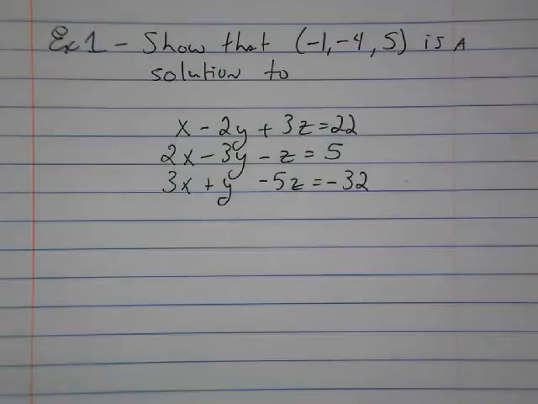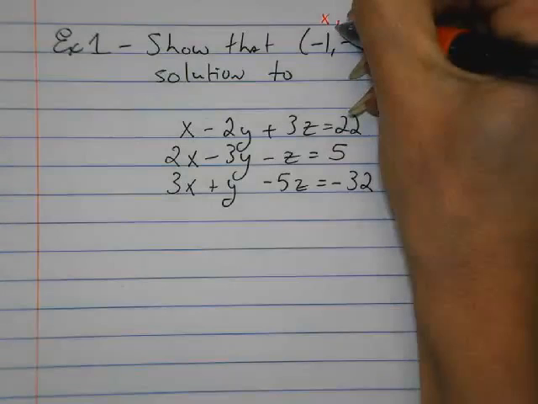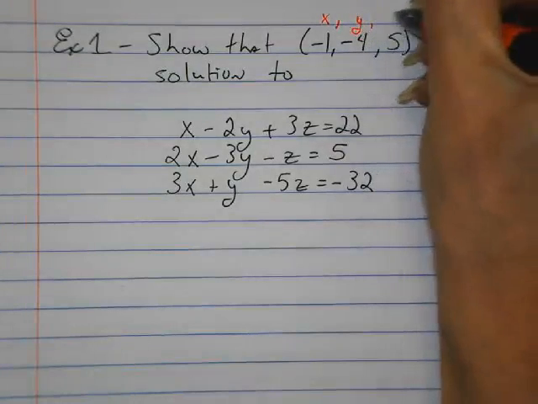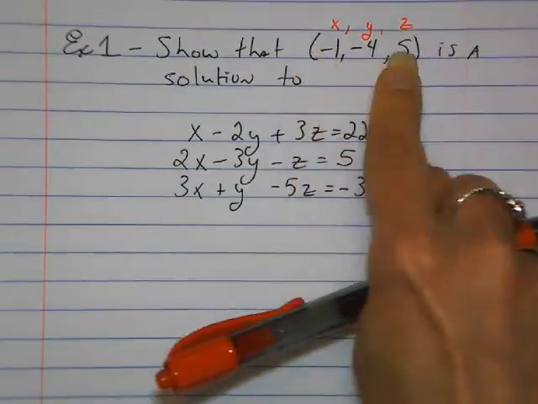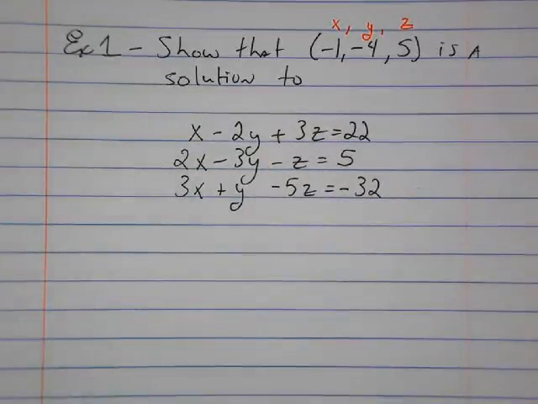Okay, so I've given you the solution. Remember that in an ordered pair, it leads with x, then y, then z. So what you're going to do is plug these into each of the 3 equations and show that each one of them works.